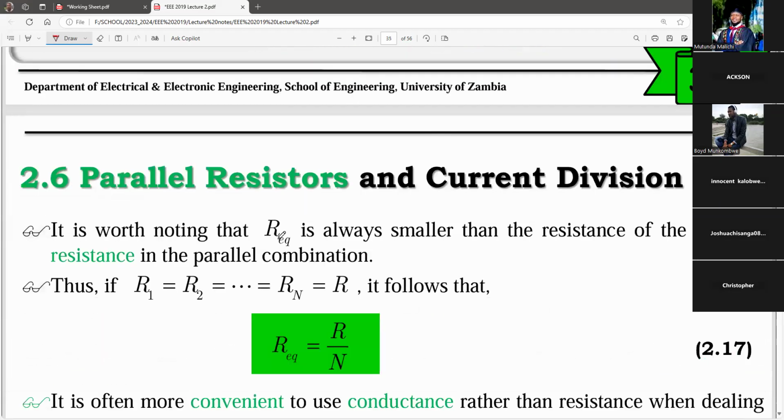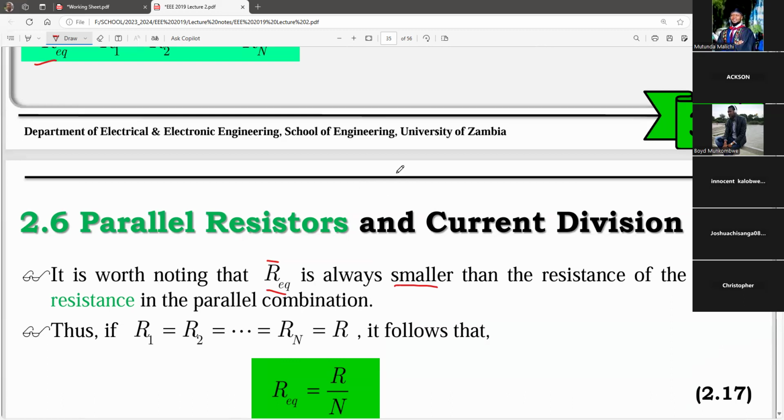It is worth noting that the equivalent resistance, unlike in the series connection, where we say the equivalent resistance is larger than the largest of those resistors in series, is different for parallel. When resistors are connected in parallel, the equivalent resistance is always smaller than the smallest resistance in that parallel combination. If you look at the previous example I gave, I have 2, 4, 6.